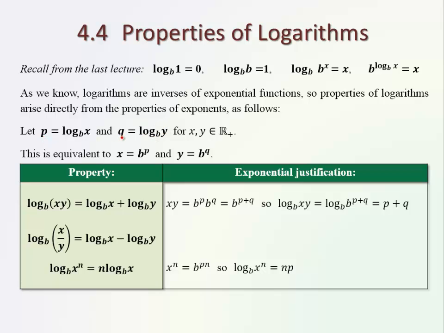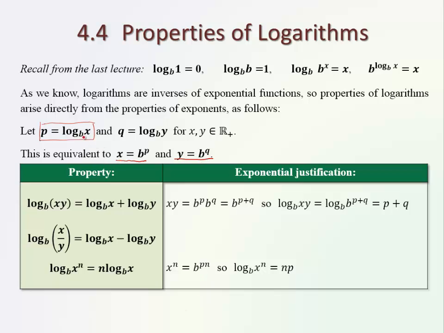This is just to make the calculation a little bit easier because we'll use simple letters rather than this long expression. These two equations we can translate into exponential form as we learned last class. So the first equation is b to the p is equal to x. And the second equation, b to the q is equal to y.